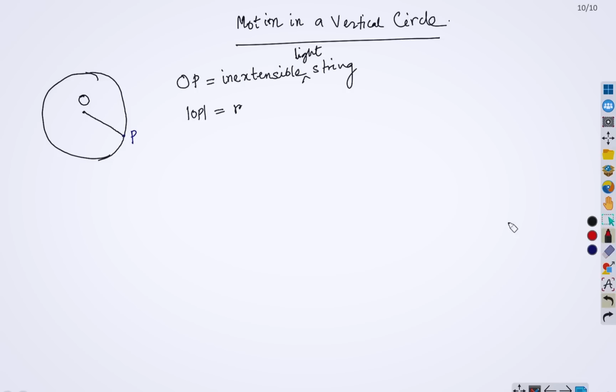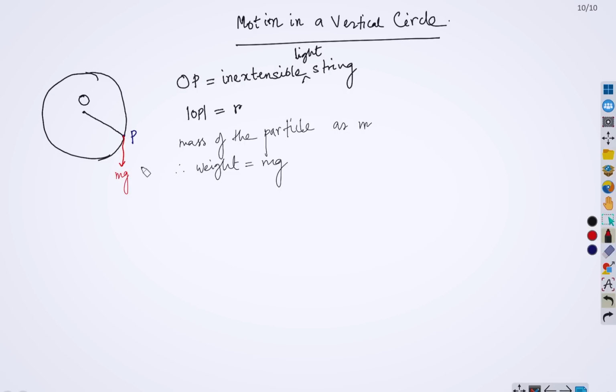First, let us draw the free body diagram of this particle. One more thing I forgot to mention, we assume the mass of the particle as m. Therefore its weight equals mg. Now we draw the free body diagram of the particle.